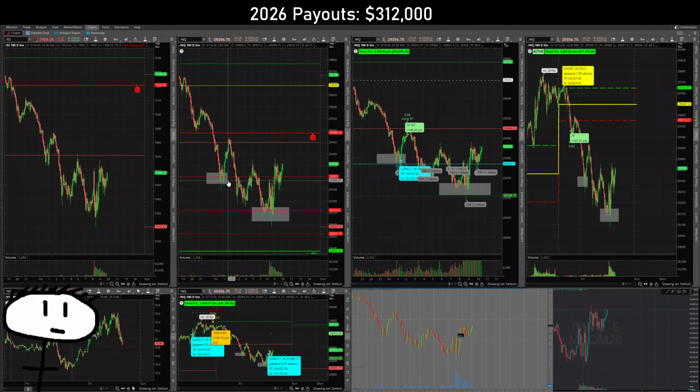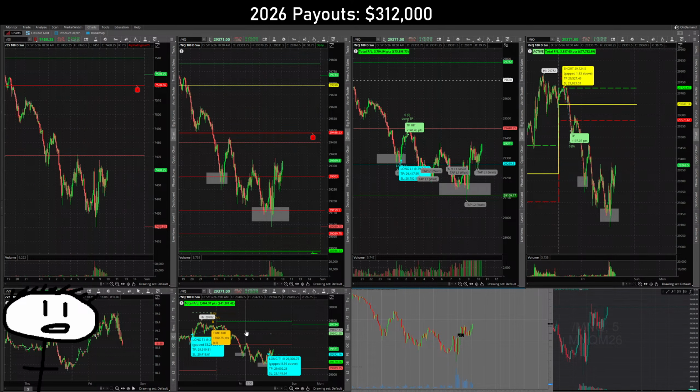Oh, right, copy all my drawings. Okay. So it looks like the long is doing pretty well on this model.